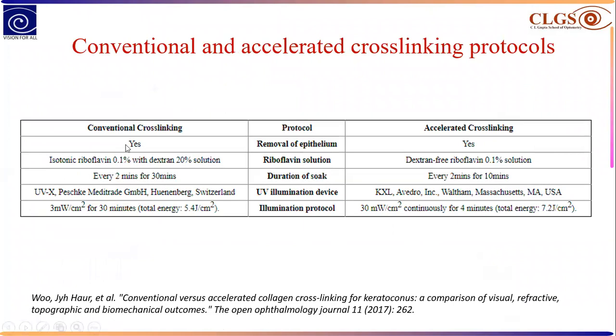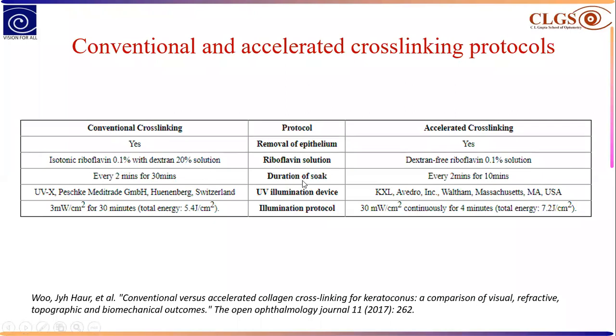This is a table showing the difference between the conventional or standard and the accelerated cross-linking procedures. These are the protocols. Removal of epithelium is there in both. For the riboflavin solution, the basic difference is that in accelerated it is dextran free, and in conventional it is isotonic riboflavin.